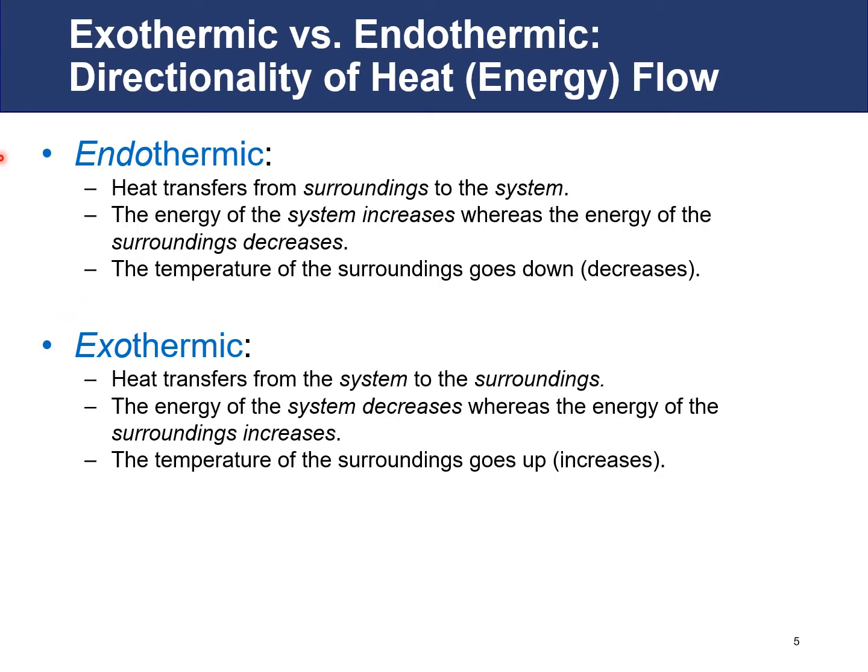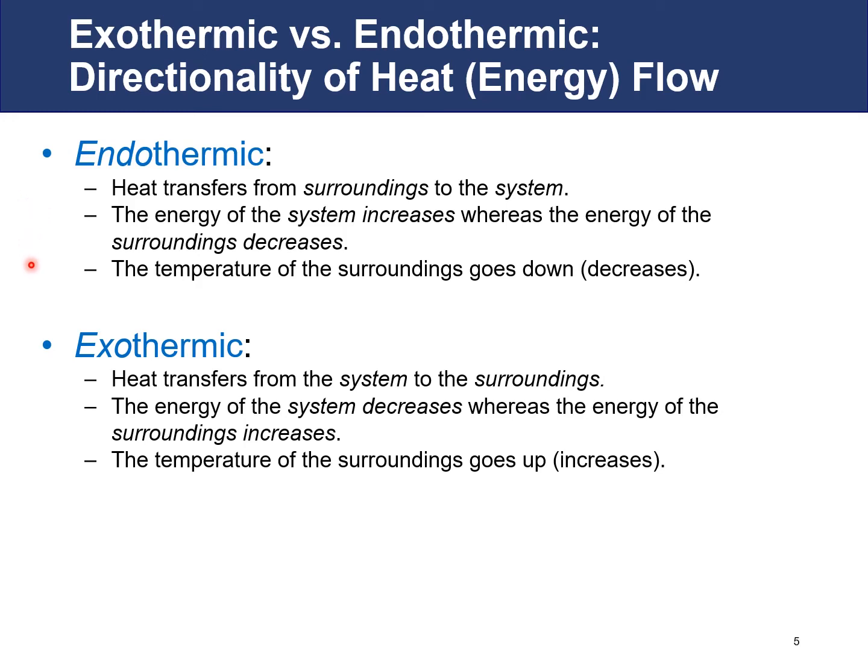We will again primarily be focusing on energy coming in and going out of the system. There are two terms for the energy transfer depending on the direction in or out of the system. We have endothermic and exothermic. Endothermic is where there is a heat transfer from the surroundings to the system. The energy of the system increases, whereas the energy of the surroundings decreases.